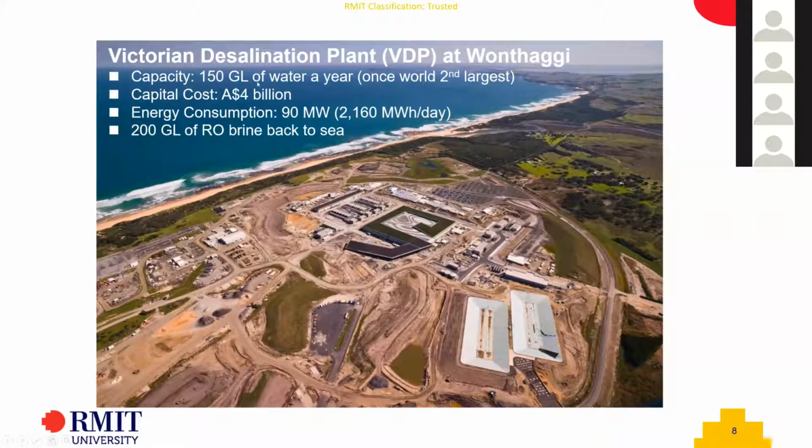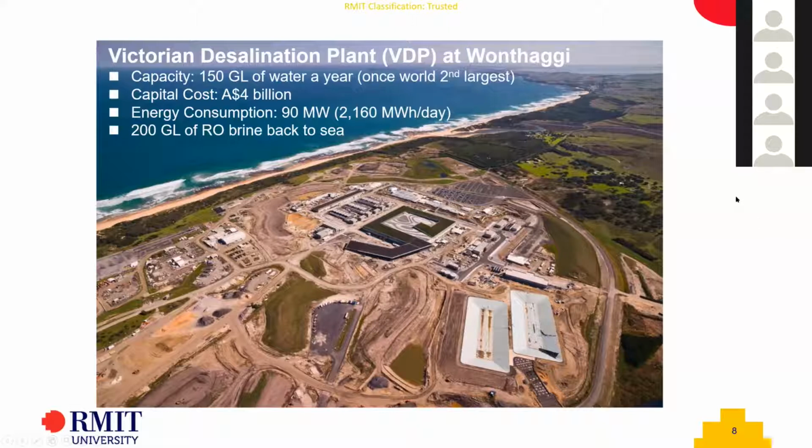This plant also produces about 200 gigaliters of brine, which needs to be sent back to the ocean. This is from the water recovery of 40%, right? 60% of the feed is the brine stream that has to be sent back to the ocean.